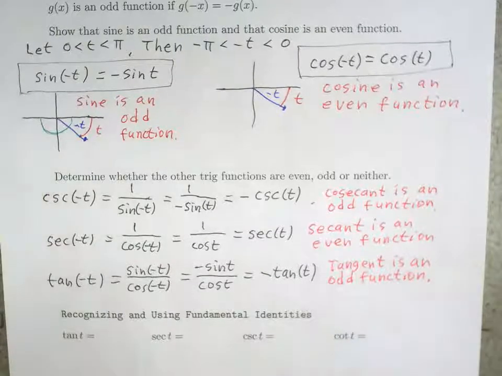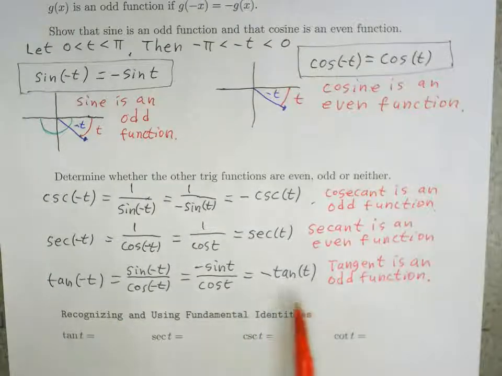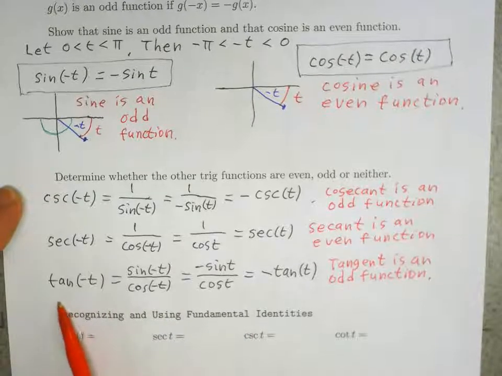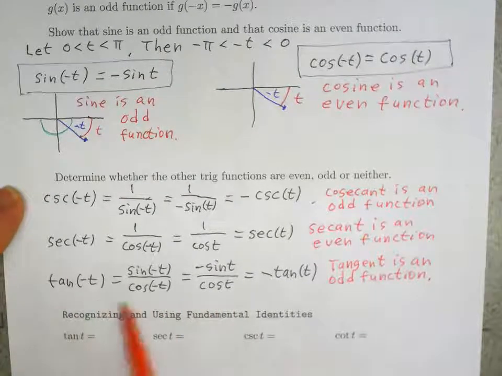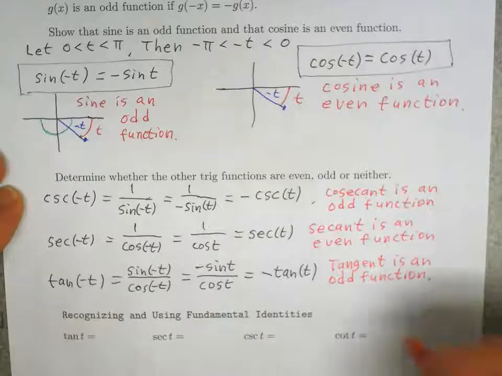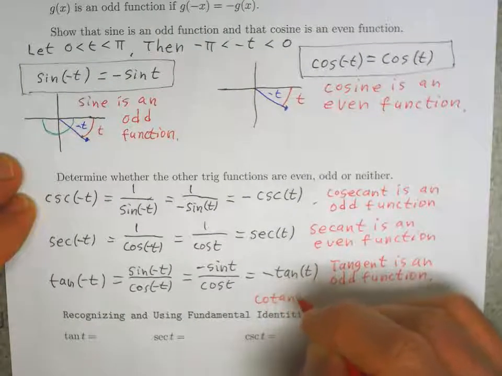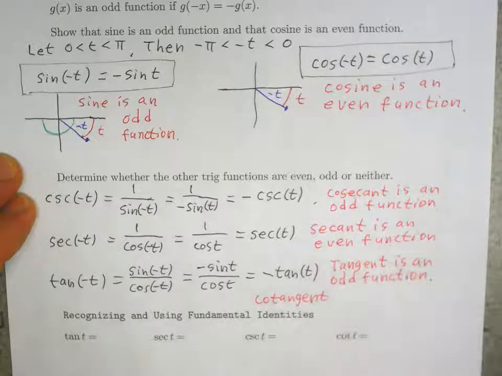Well, since I ran out of space, that's okay in this case, because cotangent is the reciprocal of tangent. So cotangent will also be an odd function. The argument would look similar to this one for tangent. So I'll just go ahead and write that cotangent is an odd function.